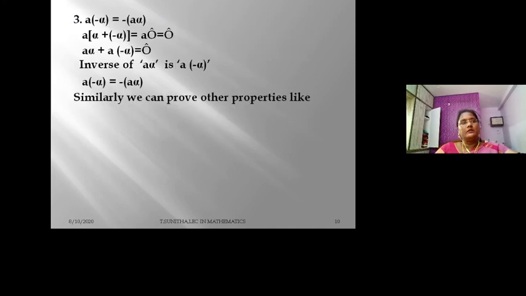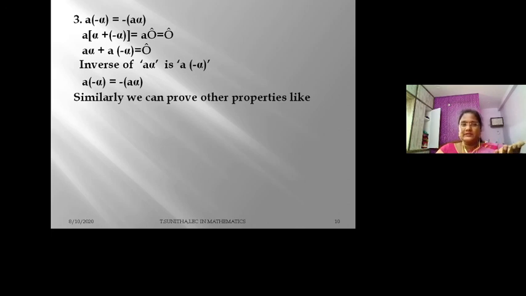Similarly, a into minus alpha is equal to minus a alpha. Here it is clearly proved that a of alpha plus minus alpha: both are vectors, alpha and minus alpha, because V plus is an abelian group. So alpha plus minus alpha is equal to the 0 vector.